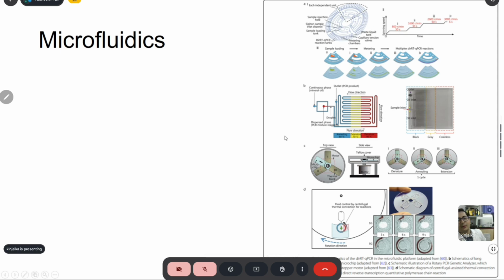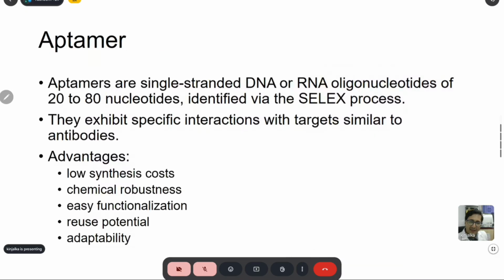So there are quite a few microfluidic devices which are being tried out, especially for infectious diseases. They are helpful to identify infectious organisms quickly. But mostly it is still in the research phase. Routine use in diagnostics is there, but not so much. Finally, the aptamers.